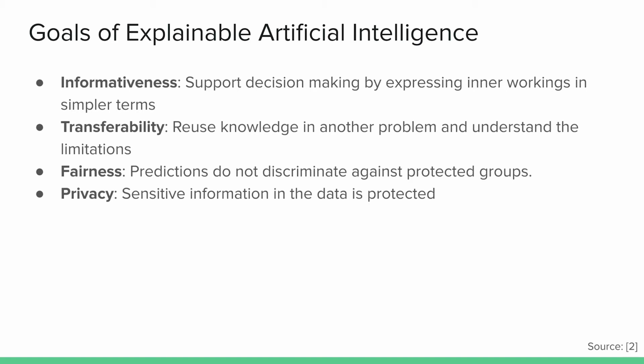Privacy is also very important, and especially in Europe, this is a very important topic. We want our sensitive information to be protected. The dystopian example would be a machine trying to come up with an assignment of who to sell ads to.